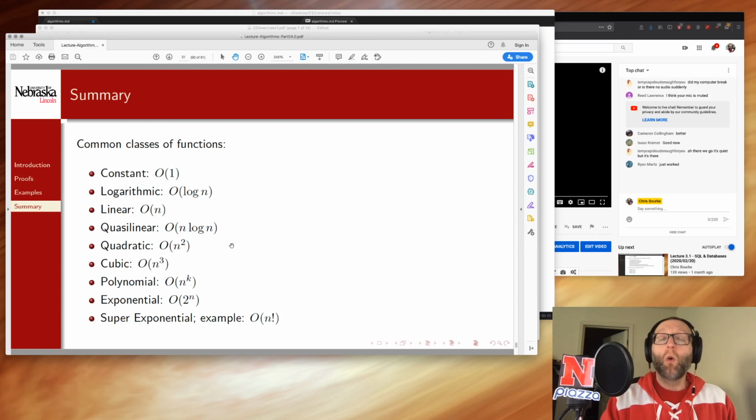Quasi linear. Quasi being almost, like Quasimodo, almost a man. Here we've got quasi linear, almost a linear function because I've got n times a log of n. Quadratic, of course, would be any polynomial of degree 2. Cubic, polynomial of degree 3, or in general, if you've just got any polynomial, you can say that it's order n to the k. It's a polynomial function.